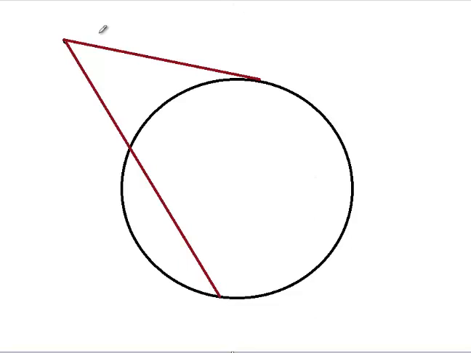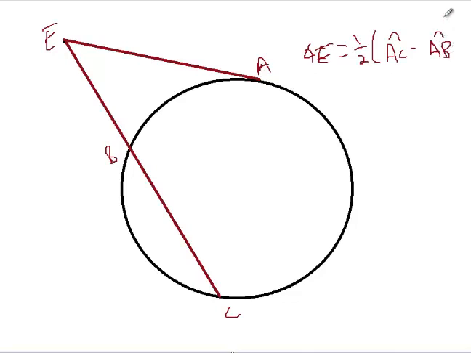If, let's say, this is E, and this is A, and this is B, and this is C, so angle E is equal to 1/2 of the difference between the big arc, arc AC, minus arc AB. In other words, just take the big arc, subtract the small arc, take 1/2 of the difference.